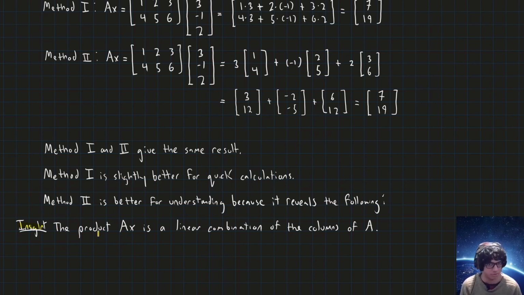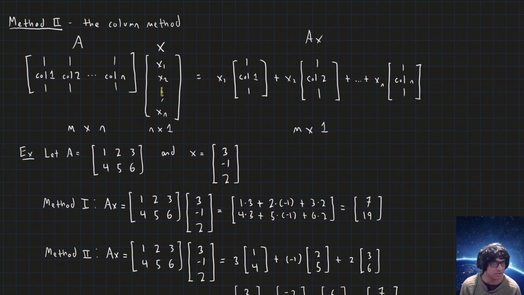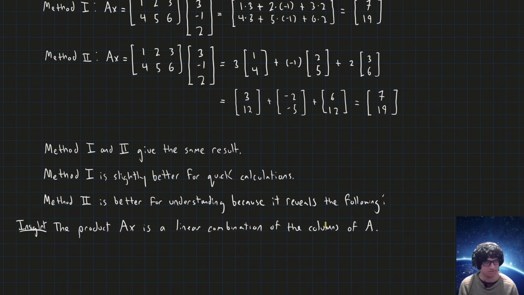The product AX is just a vector, and it's a linear combination of the columns of A, where the weights are coming from the vector X. So that's an important insight that this method gives.